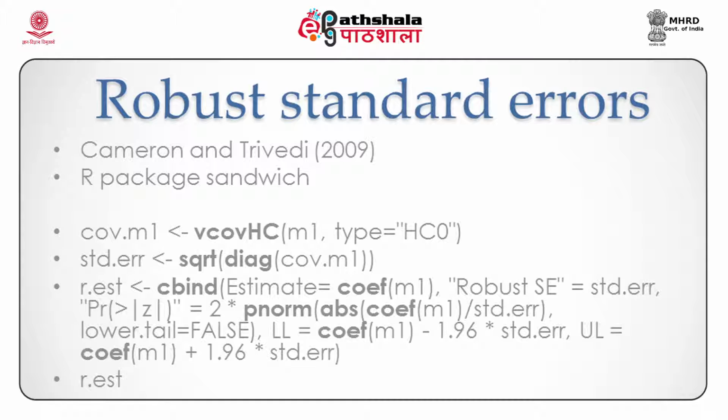We find the standard error from the cov.m1 object and create a table using the cbind command, r.est. So r.est reports as before the estimate, which is unchanged, the robust standard error, the probability, which is of course changed because the standard error is changed, and the lower confidence interval as well as the upper confidence interval. It is a good exercise for you to compare the standard errors using the robust method to those obtained using the inverse information method given on the previous slide.